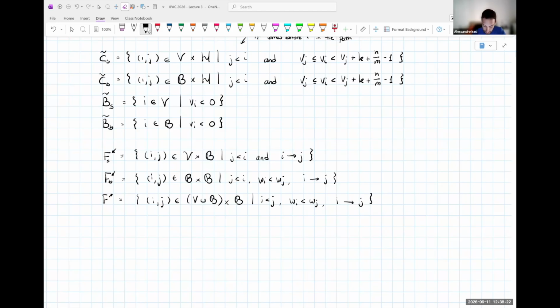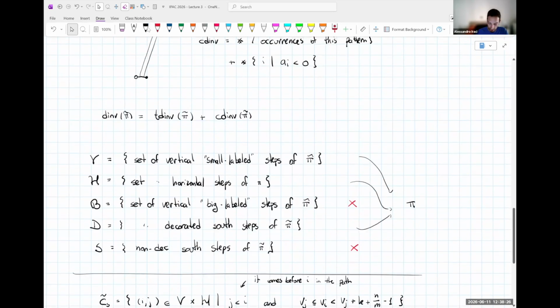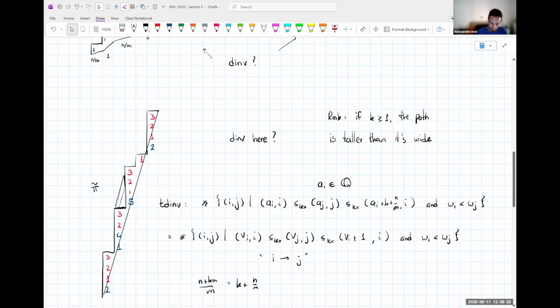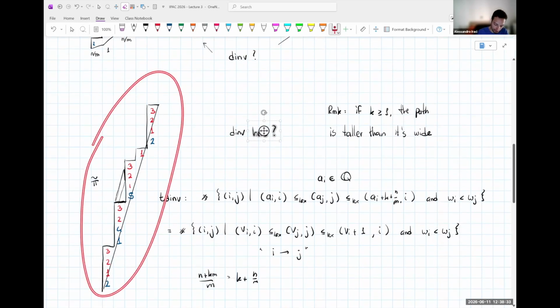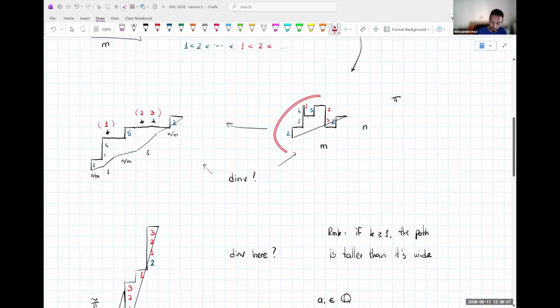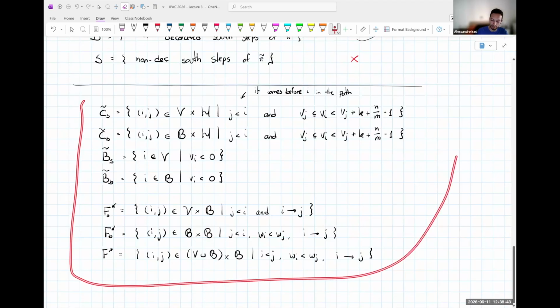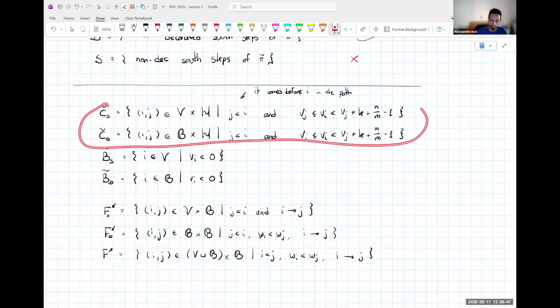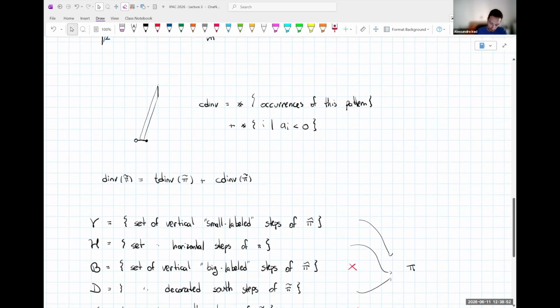All right. So the dim of this object here is the temporary dim of this object here plus the cardinalities of all these sets. These ones are counting the pairs of steps like this.